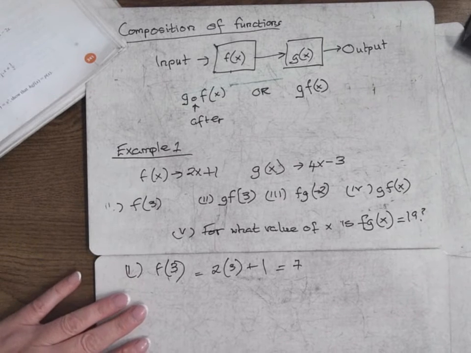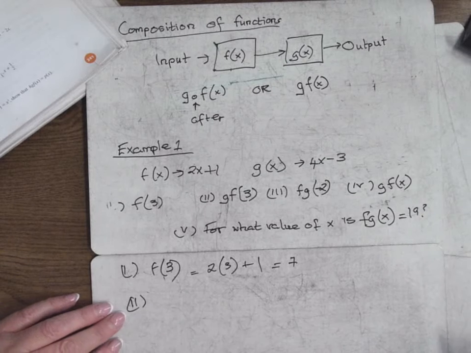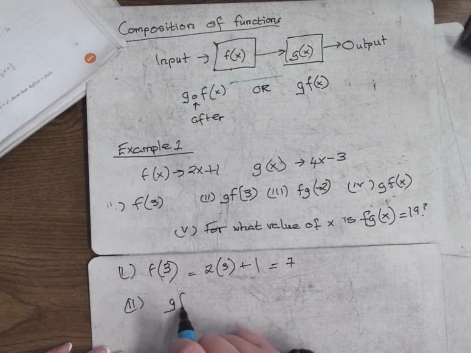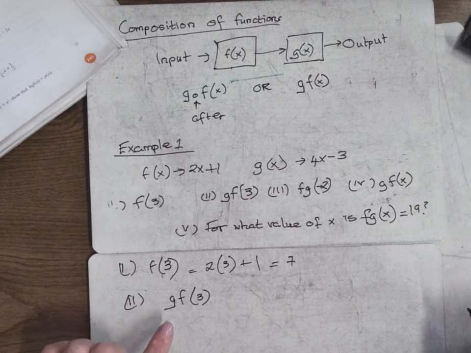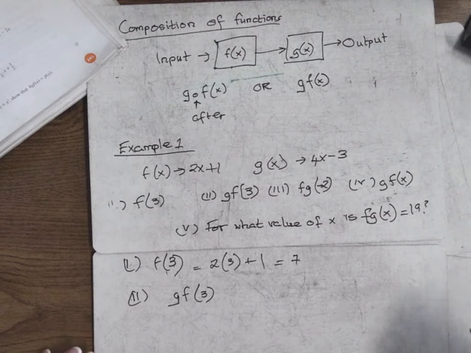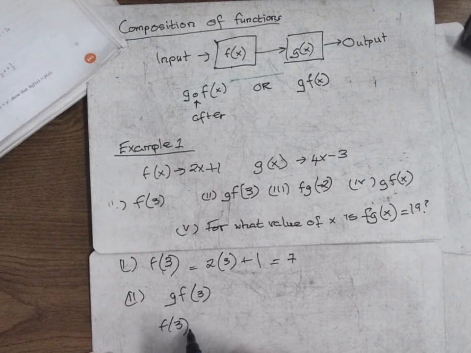Right, okay. Part 2 asks me for g f of 3. So reading that, you stick an after in there. So g after f of 3. Which one will I do first? F. So I have to do f of 3 first. I happen to have it done, but I'll do it again.